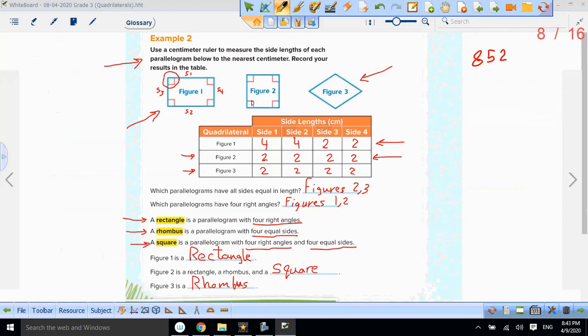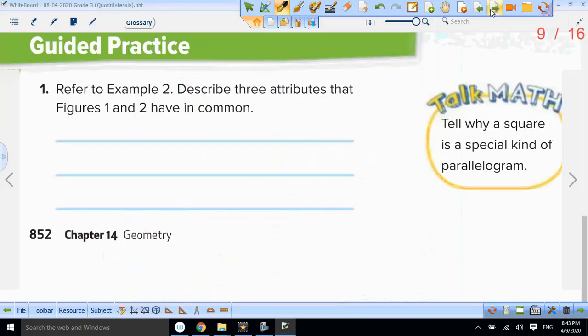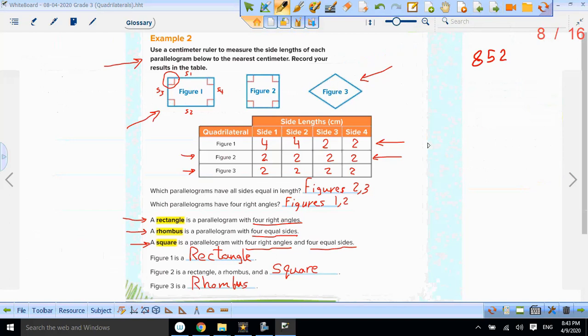Figure 2 is a square. What are the common attributes? We have many attributes. We have parallel sides, we have side lengths, we have right angles. First, for the parallel sides, both of them have the same attributes of parallelogram, which is 2 pairs of parallel sides.